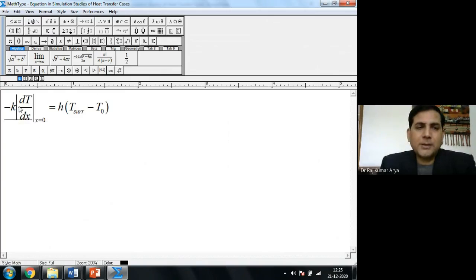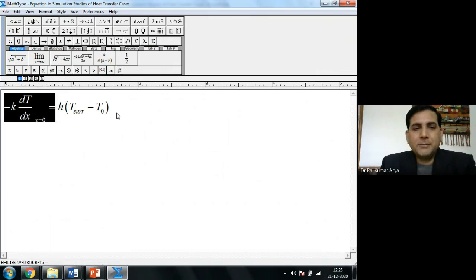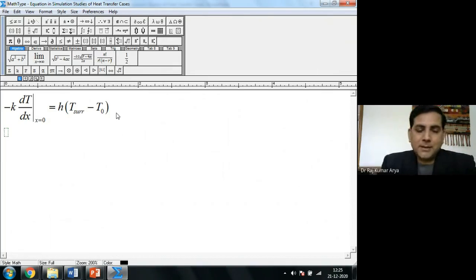Now you can write again your first derivative formula for this boundary. What would that be? First derivative using the second-order central difference formula.